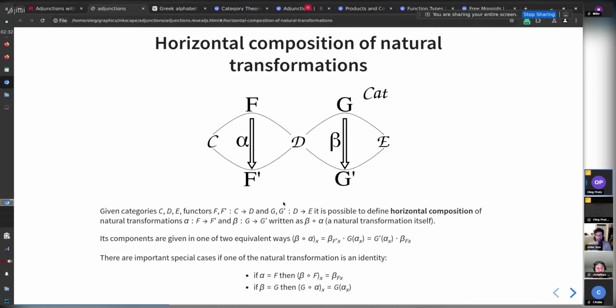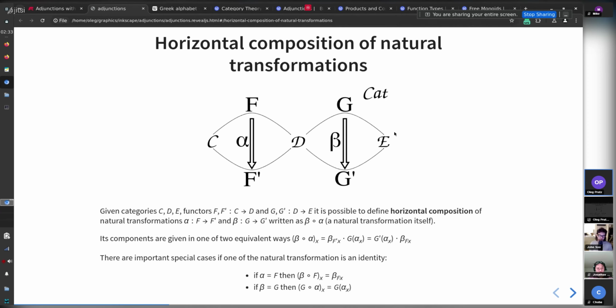This is called horizontal composition of natural transformations, and at least in Milewski's book, it's written with this circle, just a blank circle as opposed to dot, right?